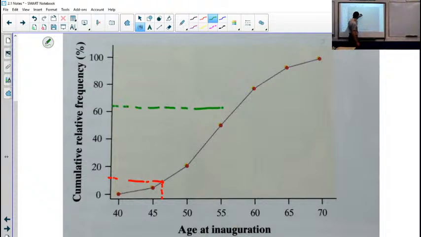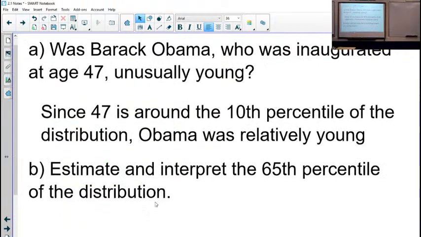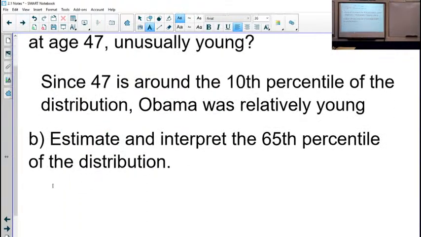The 65th percentile is here. That looks like right around 57. So 57 is the 65th percentile.